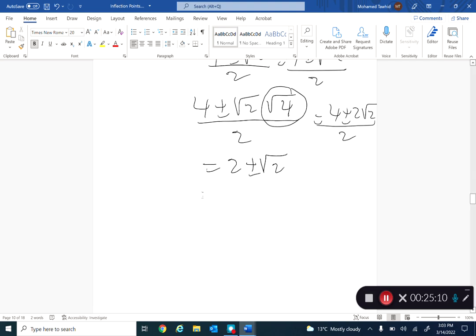So here you get two numbers. The first one is 2 plus square root of 2. The other one is 2 minus square root of 2. Then you have to use technology to get the values of those two numbers. So here you get 3.4 and the other one 0.6, approximately.